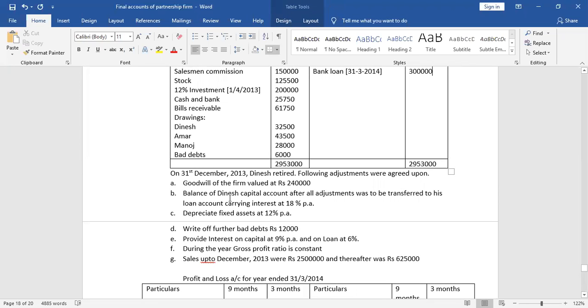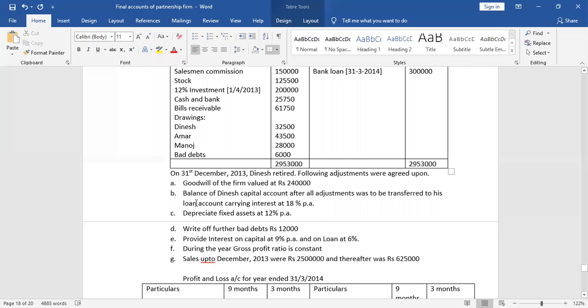Now they say interest on capital, नहीं, Dinesh का जो भी balance होगा, जो भी settlement होगा loan account में होने वाला है. Balance of Dinesh capital account after all adjustment was transferred to his loan account, and Dinesh will get 18% interest on that loan. Because the business cannot settle the money today and give him his capital money back.